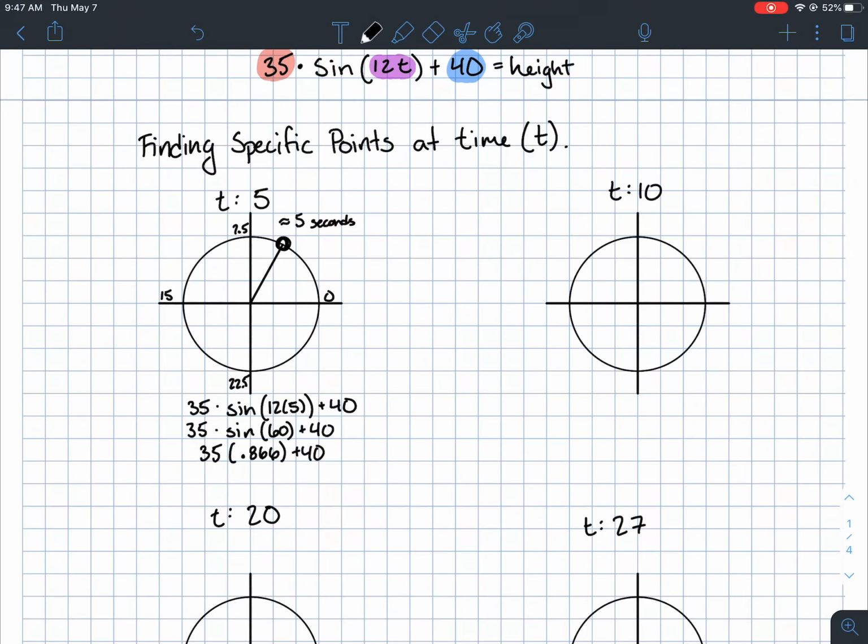If we multiply that out and add the 40, we're at 70.31 feet above the ground. That makes sense because we're up above here at this point.